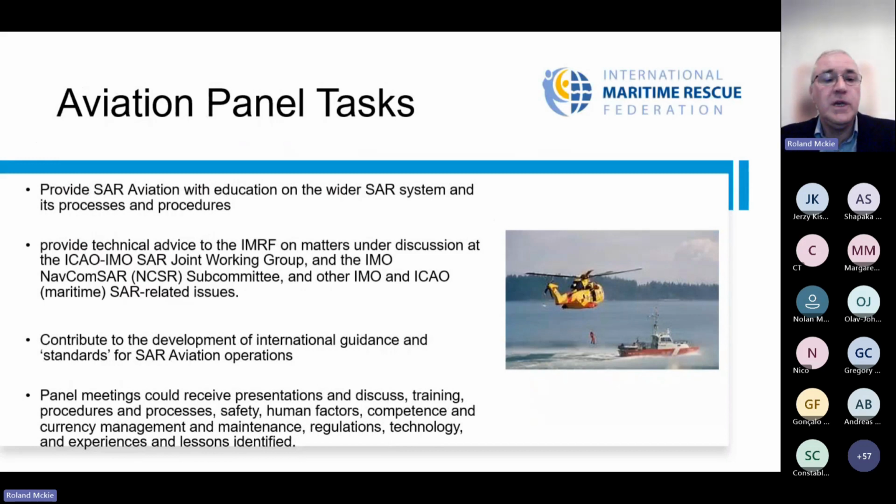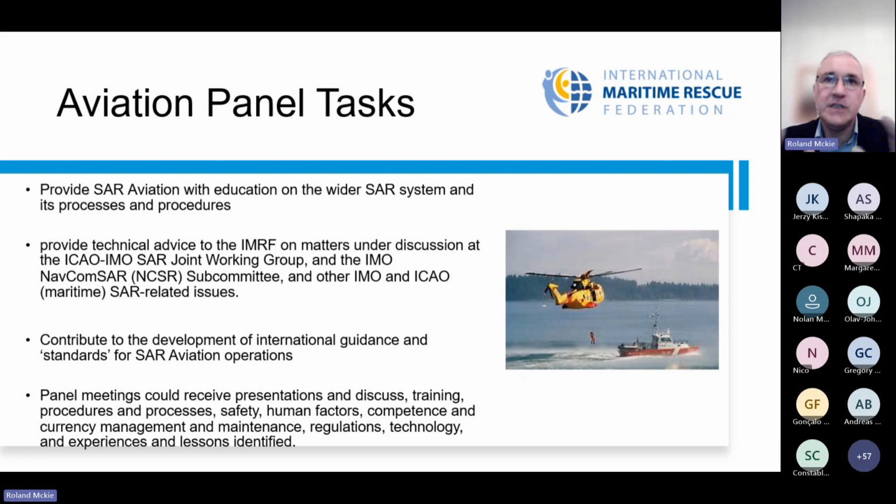Other tasks would be to provide SAR aviation with education on the wider SAR system and its processes and procedures. So helicopters and aircraft crew are not all geniuses. Sorry out there if you are involved in that, but that's a gentle joke from me. But we all need to learn from each other about how things are done.